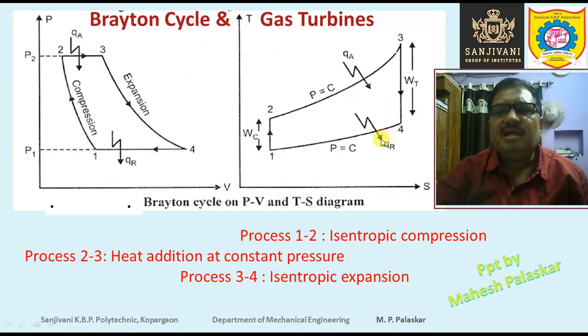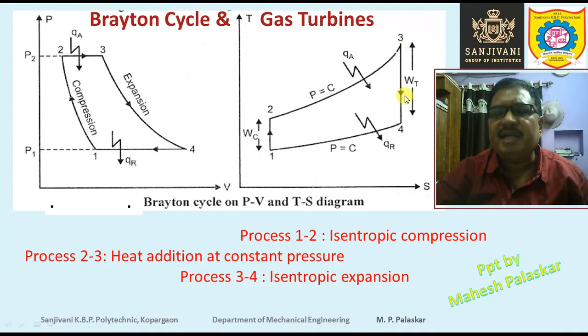So the working substance expands as it passes over the turbine blades. So the kinetic energy of this working substance is imparted to the turbine blades. First of all, the pressure energy is converted into kinetic energy and this kinetic energy is imparted to the turbine blades.